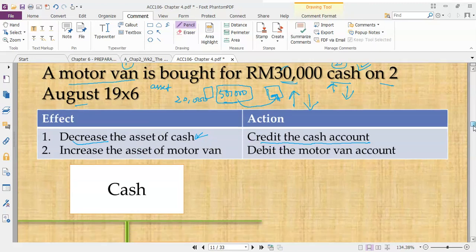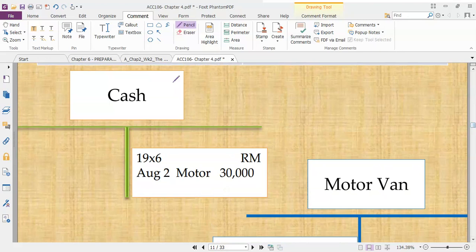So let's look at the T account. Our cash account is decreasing, so that's why we put 30,000 here on the credit side. For the details, we put motor van, because we let go of 30,000 cash to buy the motor van.